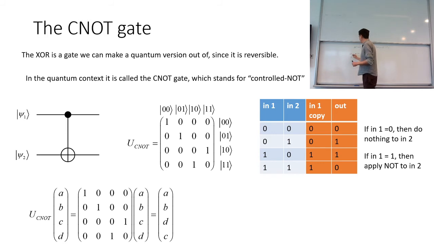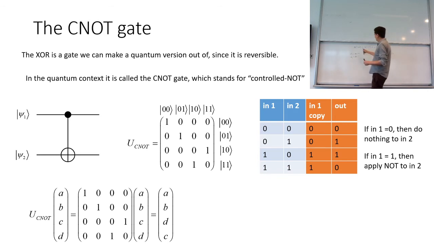If I call these 1 and 2 from top to bottom, then this one is always talking about the first variable. And remember, when I write 1 1, this is the first qubit, and this is the second qubit.